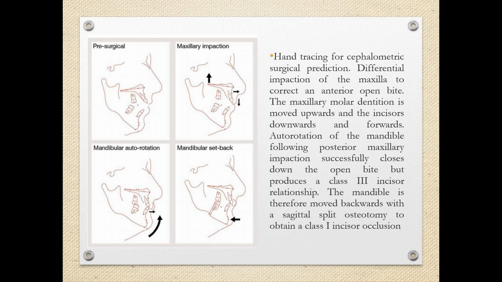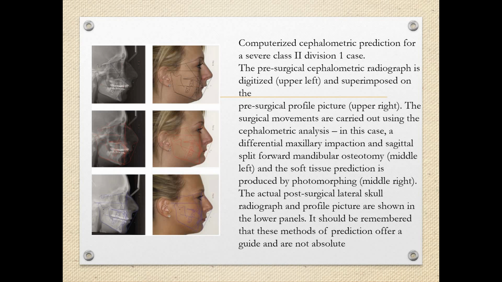Together with the patient, these records are used to plan in detail the surgical movements required to correct the malocclusion and simulate their effect on the soft tissue facial profile. These predictions can be carried out manually by hand or with the aid of computer software.